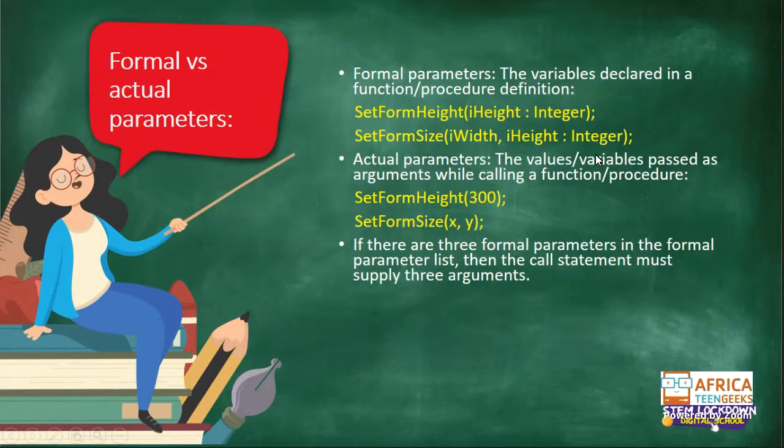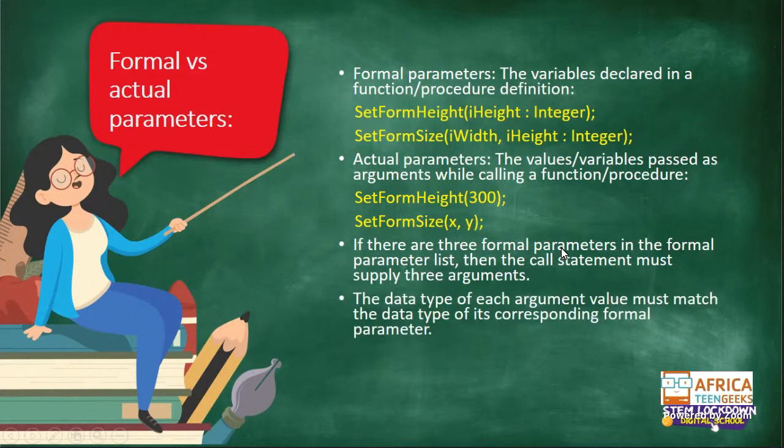If I define it with two, I have to give it two. And if it's three, you have to give it three actual parameters. Just to make sure you understand, we call these actual parameters the arguments of the procedure. It's not a fight, it's just what they call it.